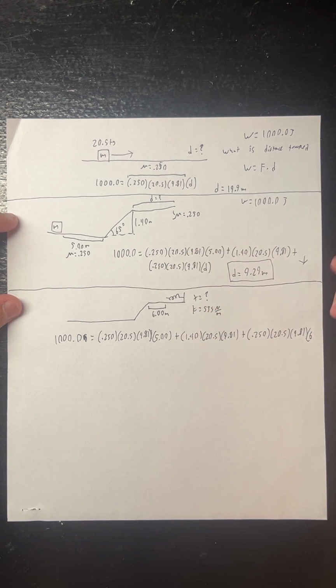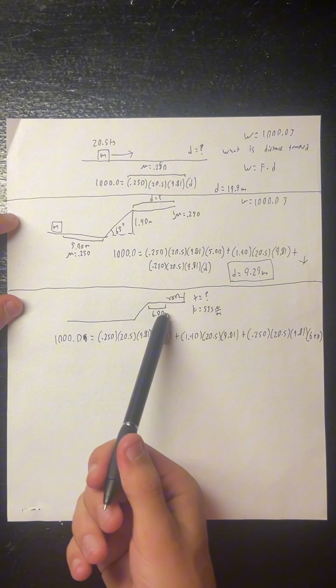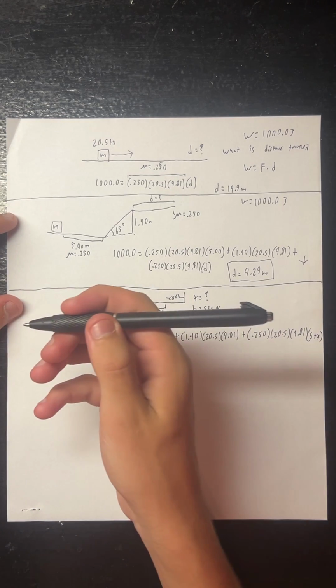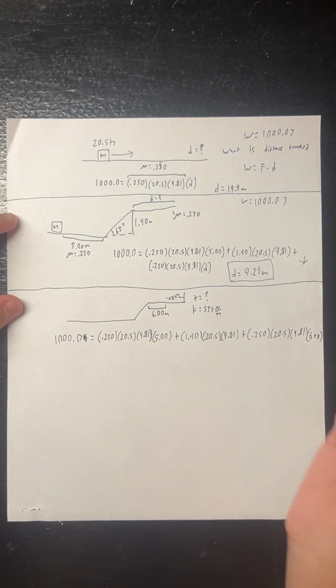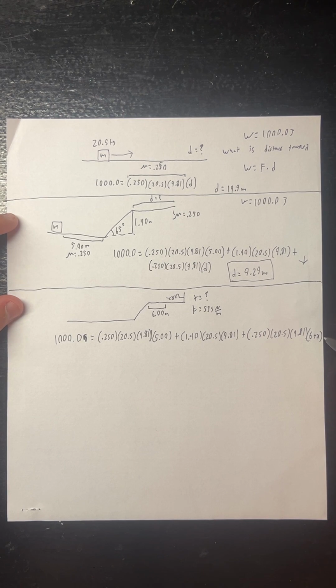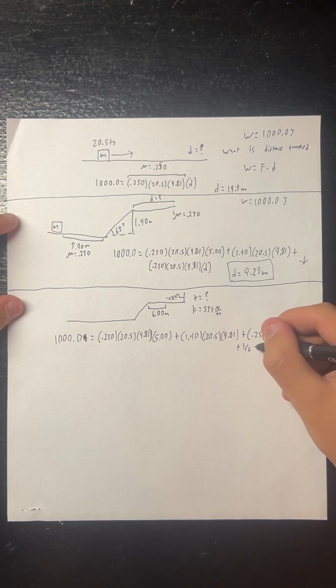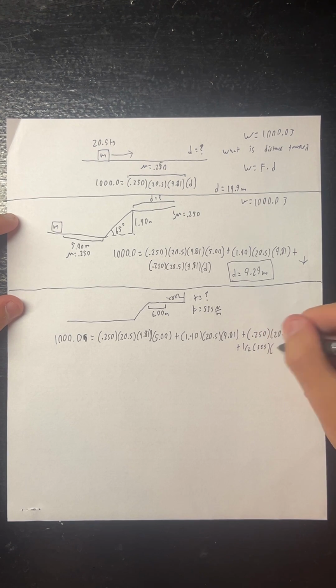So it's going to be 6 plus x, because the friction continues into the spring at the bottom as well. While it's compressing, it's also experiencing a frictional force. That's what the plus x is for. And then it's going to be plus 1/2 kx squared, which is 555 and x squared.